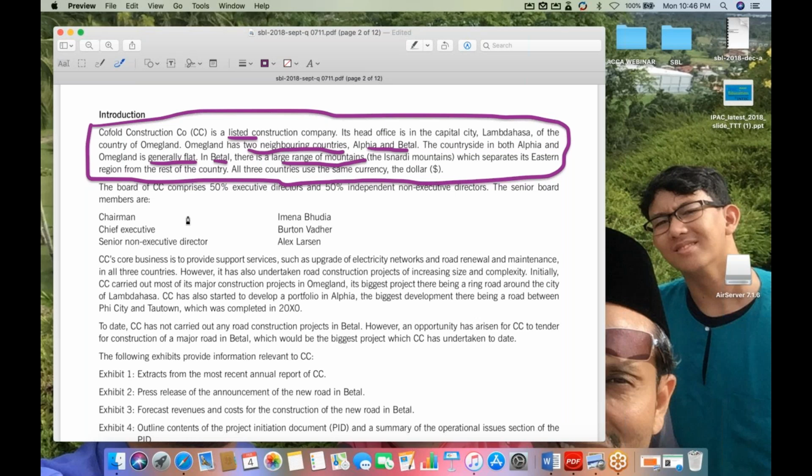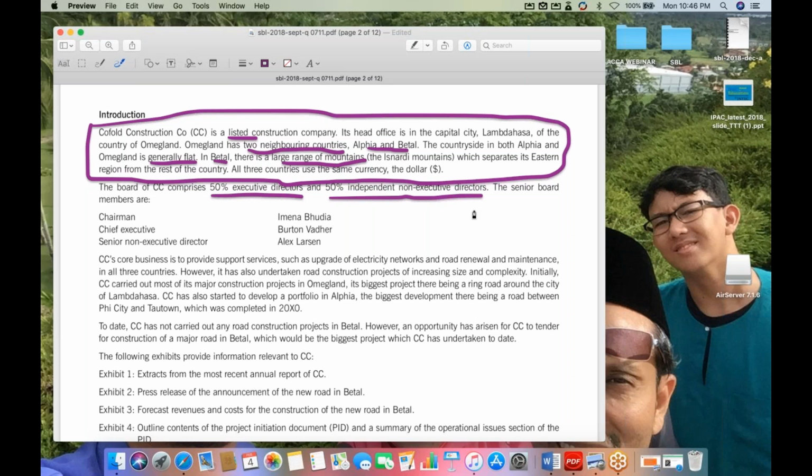Then after that, they're talking about how CC comprises 50% executive directors. This is the governance. And 50% independent non-executive directors. Equal balance of executive and non-executive directors. Perhaps you can go back to your technical knowledge and look into the best composition of a board of directors.